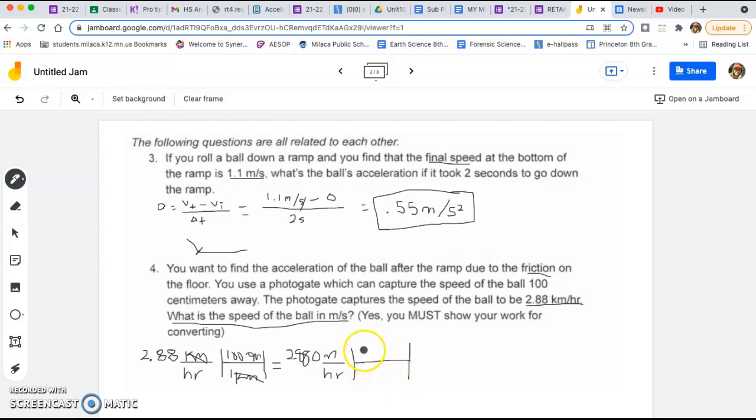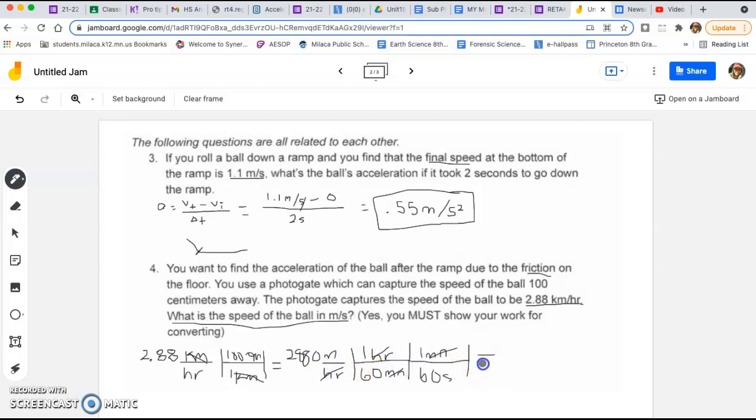Okay, and in 1 hour, we have 60 minutes. But I'm not done there because I need to figure out seconds. So I'm going to do it again. And in 1 minute, there are 60 seconds. Okay, and now I should be able to, because I'm crossing out hours here, minutes here, and it'll leave me in seconds.